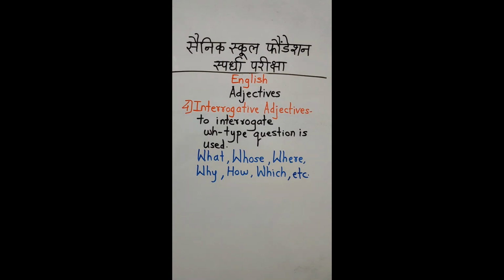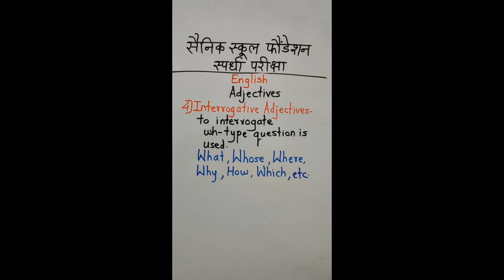Here we will use the word what to ask a question about an event or a noun in a sentence. The next adjective, whose, we will use to ask a question about the ownership of a person over any object. The next interrogative adjective is where.